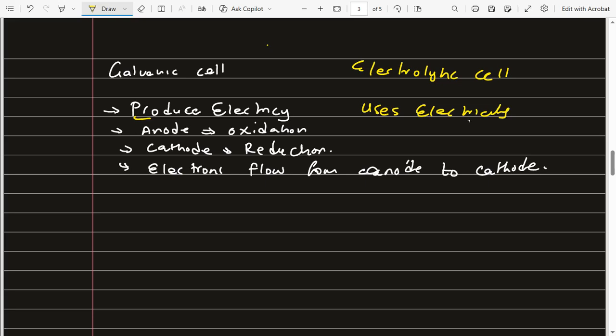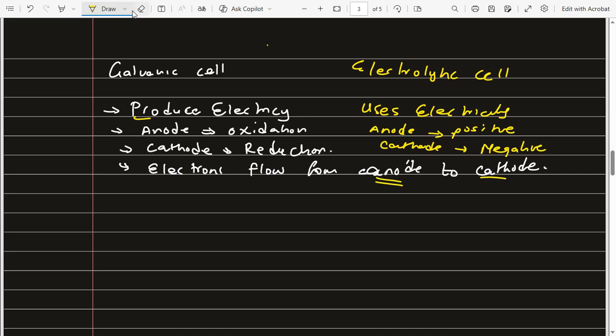The anode is positive and the cathode is negative. The electrons still flow from the anode to the cathode in both galvanic and electrolytic cells.